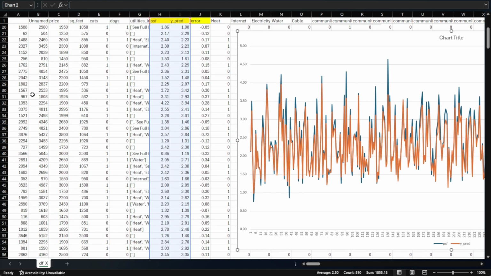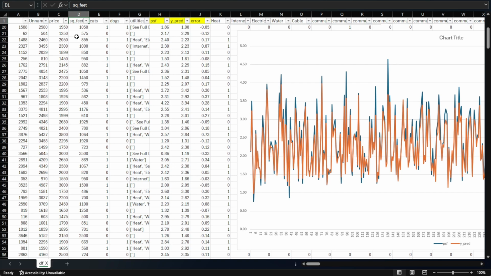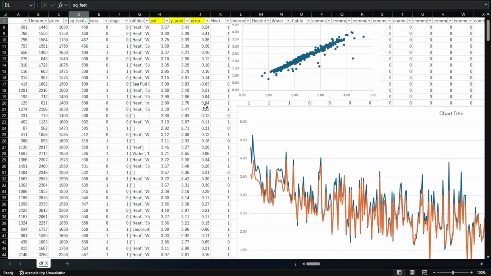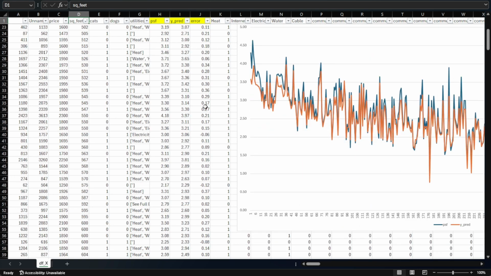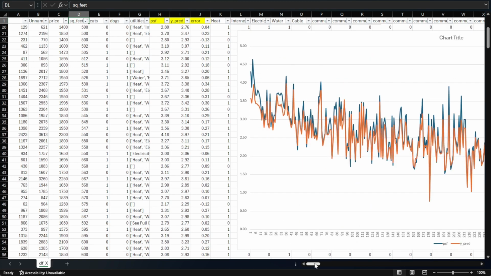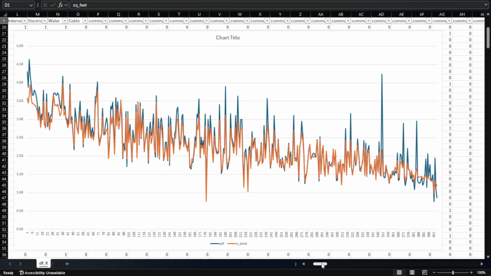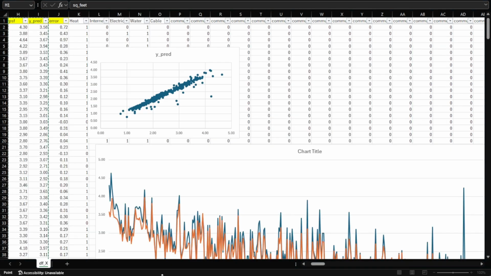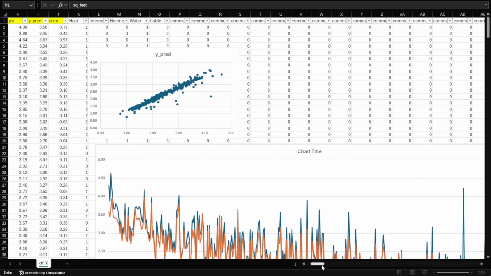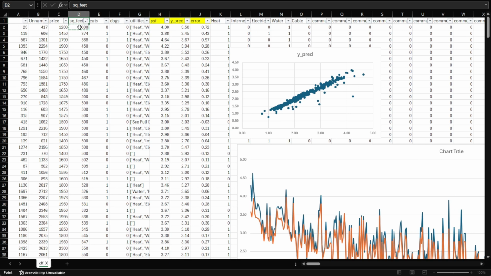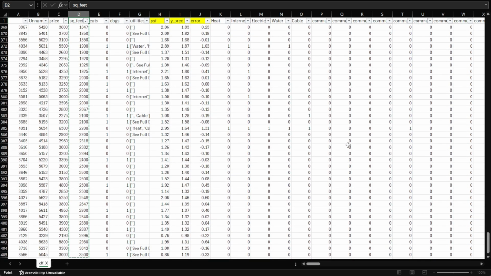Gotta admit. Let's get this sorted by square footage. There we go. Maybe this is a little bit more meaningful now. So let's just get this to become the square feet. There we go.